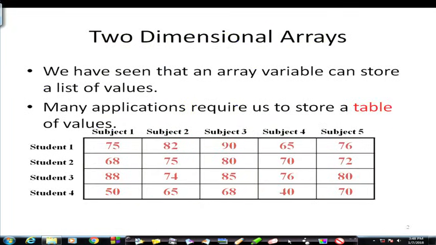Okay. So, here you can see that the subject marks are organized in this way and we can access any of these elements using the proper index, the student number and the subject number.